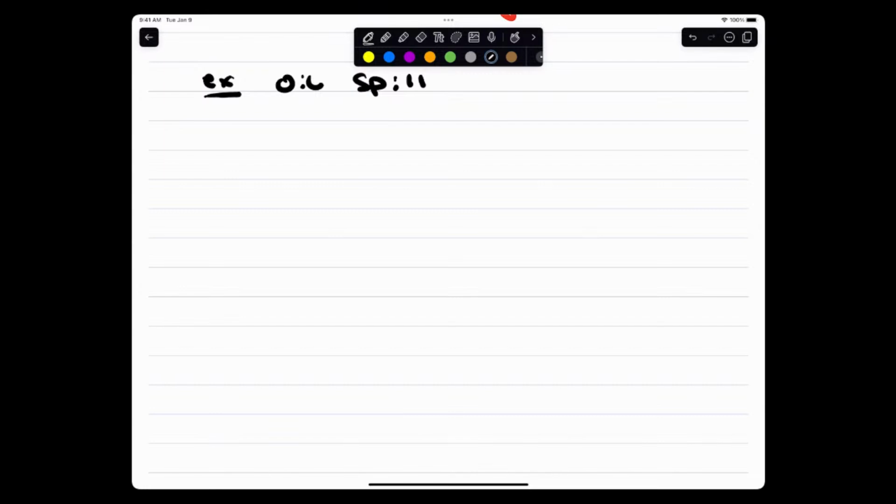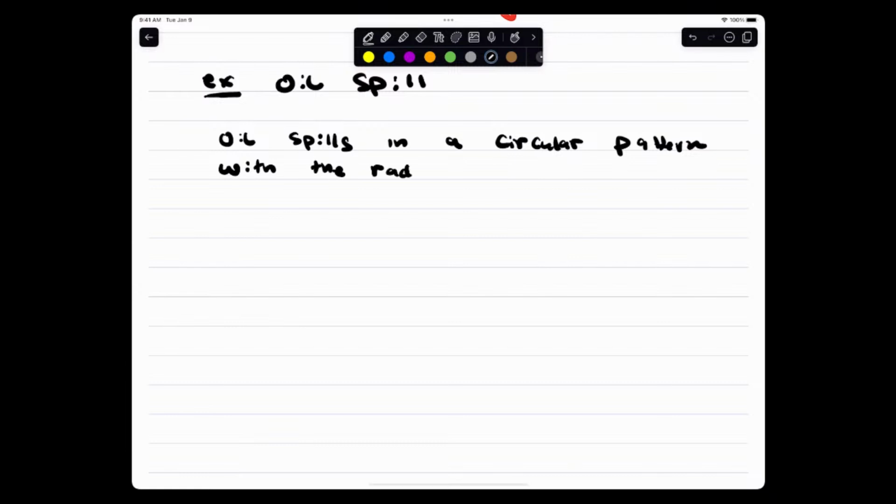What does it say? Oil spills in a circular pattern with the radius increasing at a rate of 1 meter per second, okay?